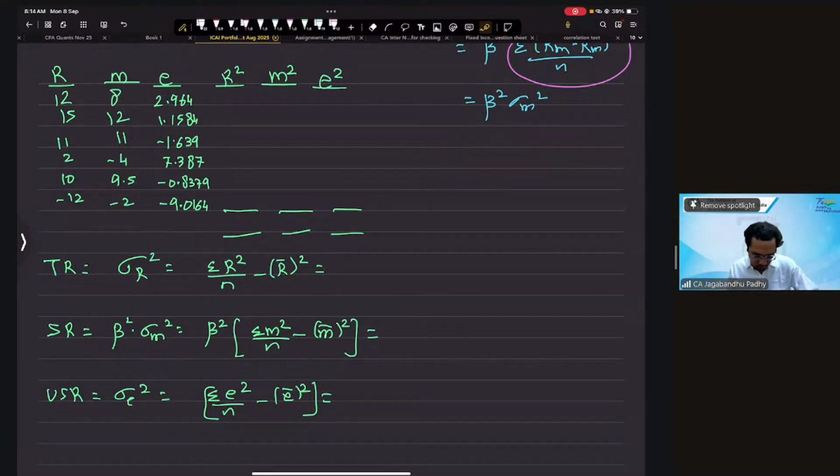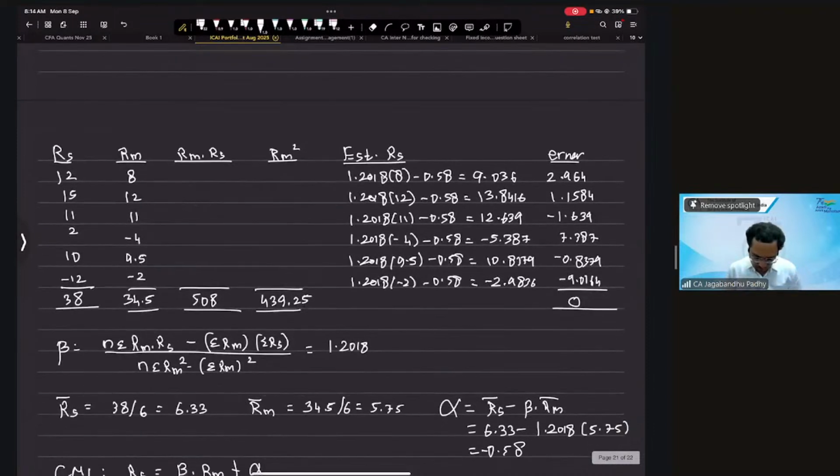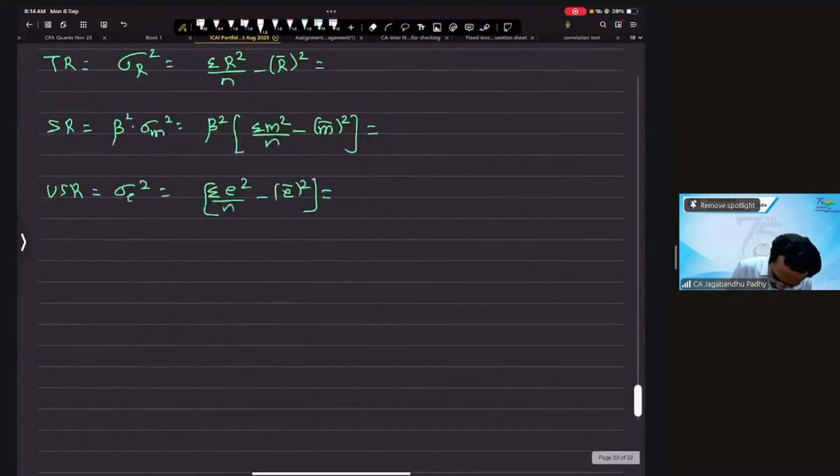What is R square? R square is 738. Market return square, I think this is what we have done already, is 439.25, right?